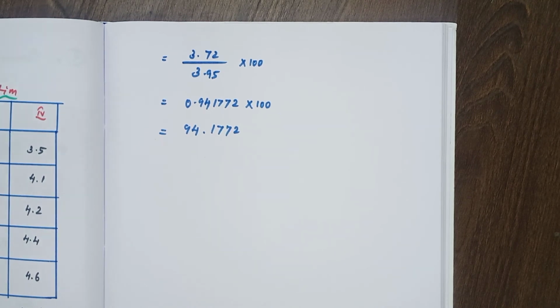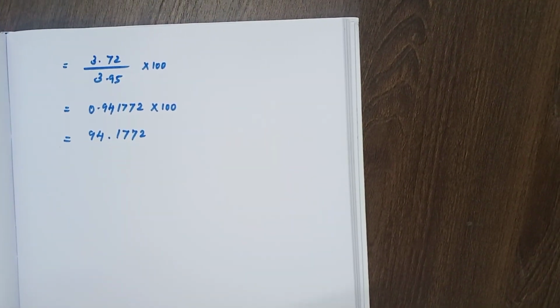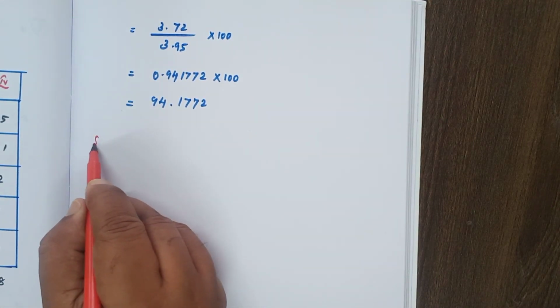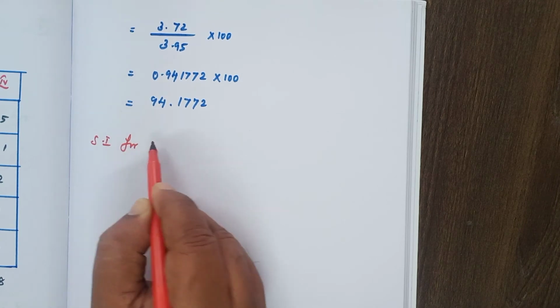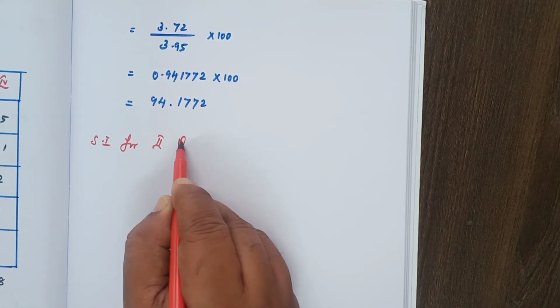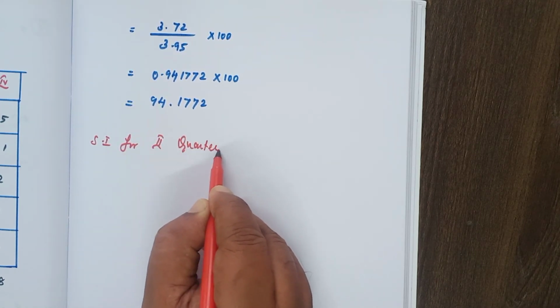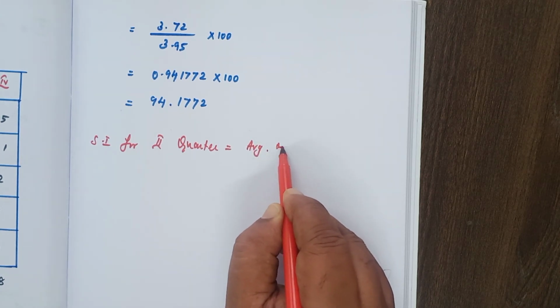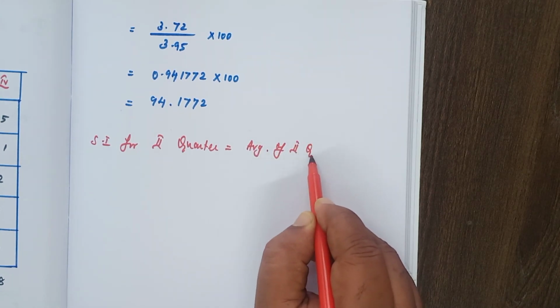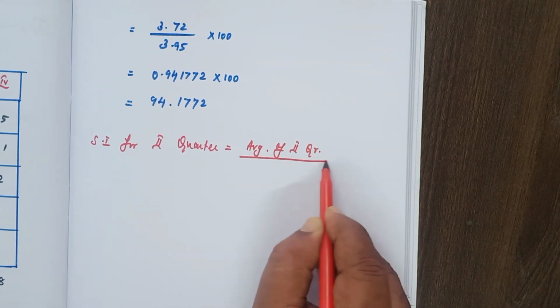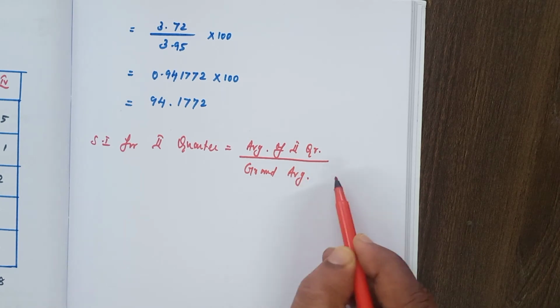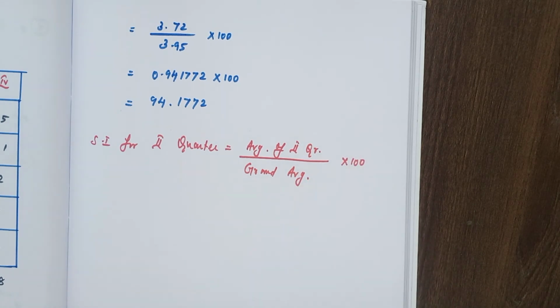Similarly, calculate the seasonal index for the second, third and fourth quarters. SI for the second quarter equals average of second quarter divided by grand average into 100.